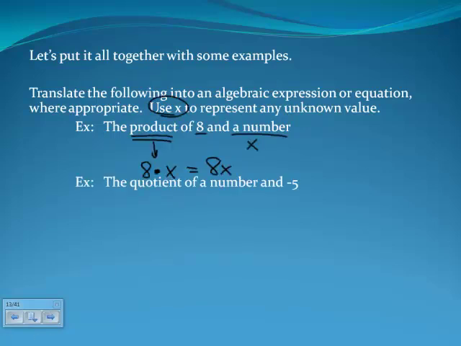Okay, next problem. The quotient of a number and -5. Again, look for keywords. The key word here is quotient. Quotient means division. Okay? So in this case, we're going to be dividing 2 numbers, but order is important. With multiplication, order isn't important because multiplication is commutative.